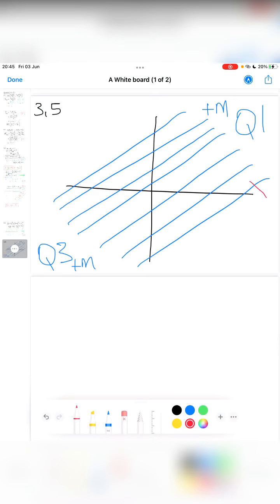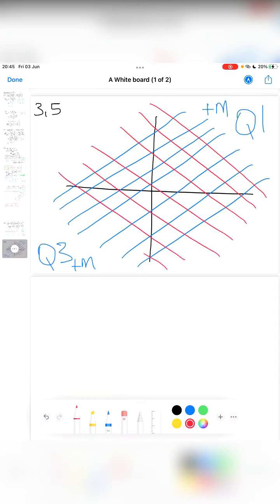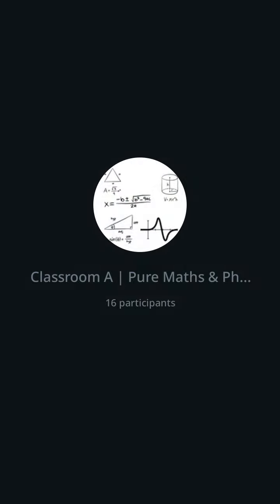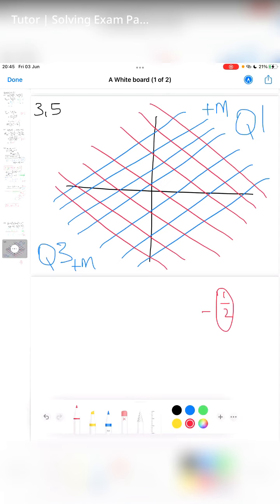Lines in the other direction have negative gradients. That is why, Mr. Mukhele, I was saying it can't be a positive value. It doesn't matter whether you said positive 1 over 2 or positive 2, it can't be a positive gradient. It has to be negative. There's a lady who said it's 1 over 2. It's not 1 over 2, but it should be negative. Does it make sense in terms of the gradient being positive or negative?